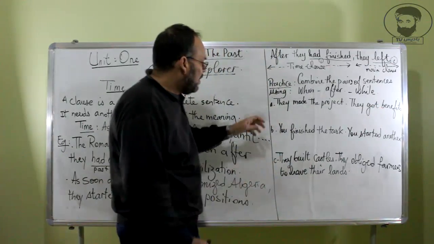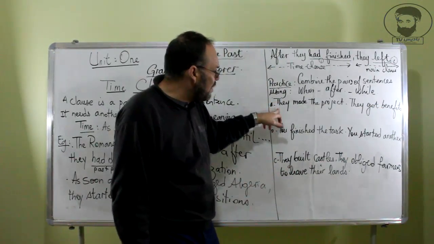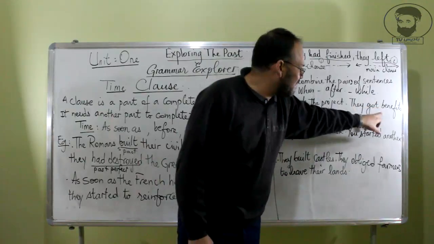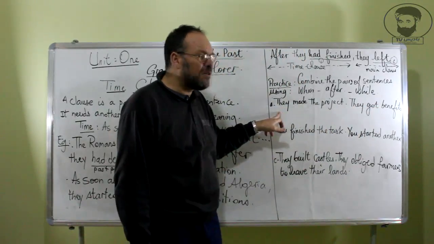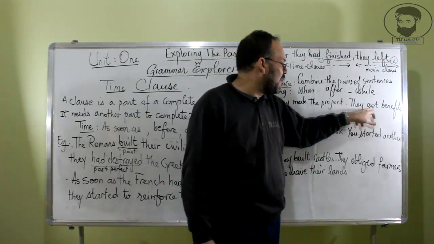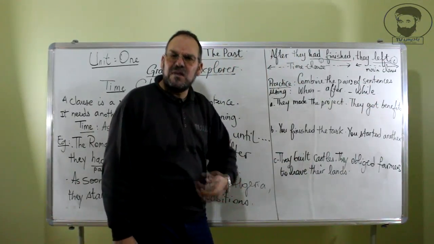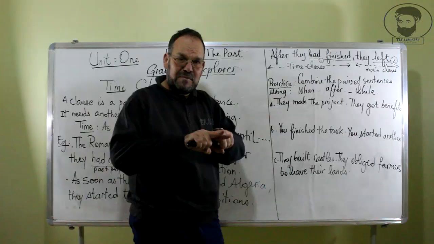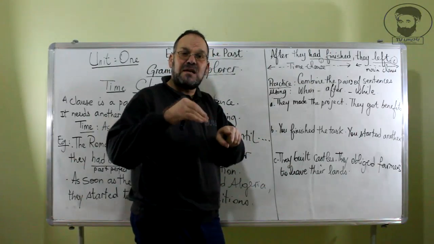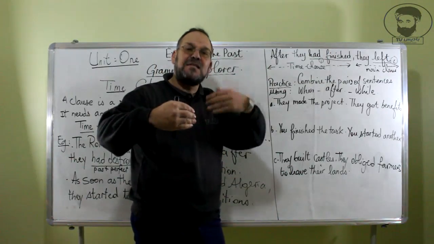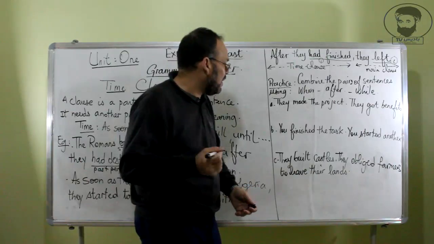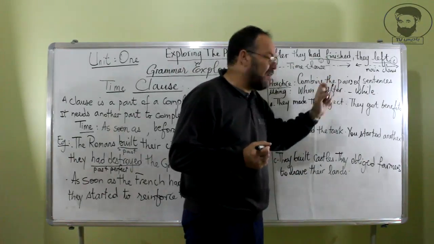So is it when you make the project you get benefits, or after you make the project you get benefits, or while you make the project you get benefits? Which one is more logical in the meaning? Is it at the same time, or is it a first step then a second one, and automatically it will be after?